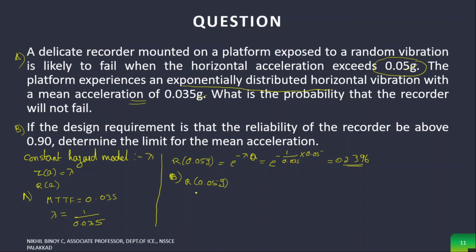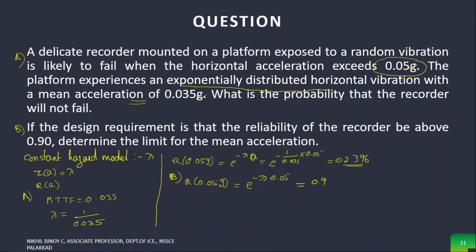The equation is again e raised to minus lambda into a, where a is 0.05, and the reliability is 0.9. We are asked to determine the corresponding mean time to failure.